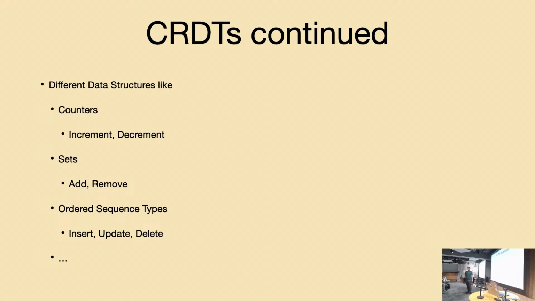Or it can be sets where you say, okay, I want to know everybody who wants to, I don't know, come to my birthday party, and we want to do it in a distributed, highly available way, where you can add and remove elements. And then you have ordered sequence types, a fancy name for a linked list, where you can insert at certain positions, update values and delete values, and that's actually the one that I'm going to focus on a little bit because that's the most interesting one.